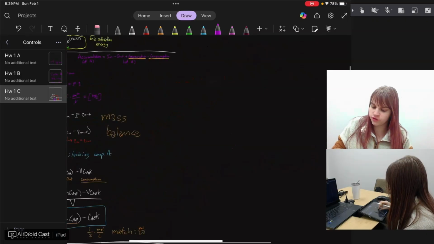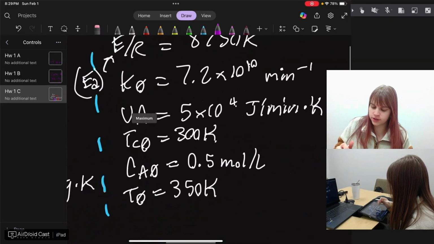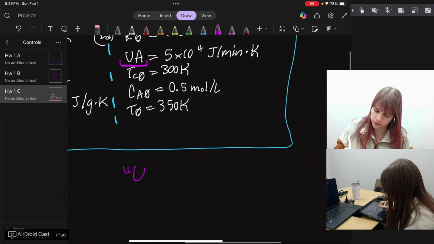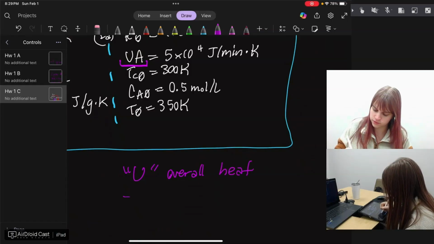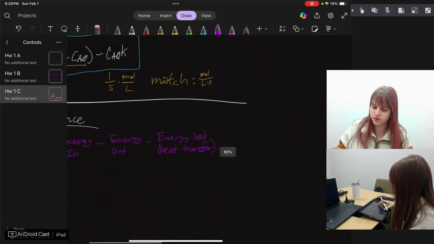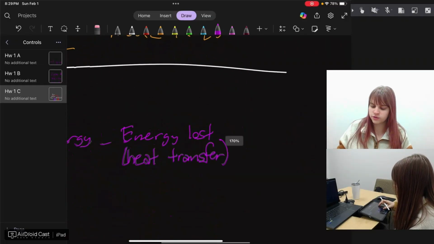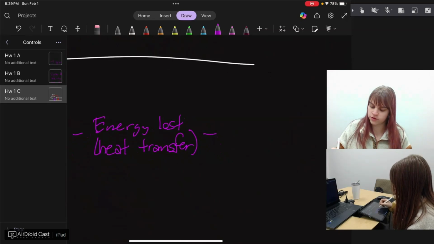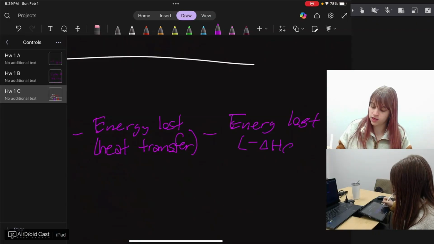And our heat transfer is actually given here. We are just using U as an overall heat transfer coefficient so that we don't really need to worry about too much of the specific details. And then, like I said before, this reaction is exothermic. So there's energy lost due to it being exothermic.